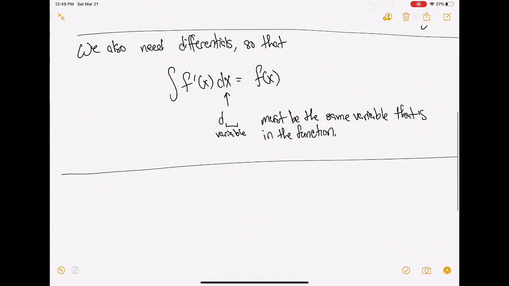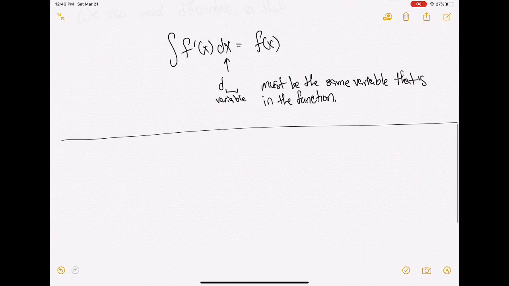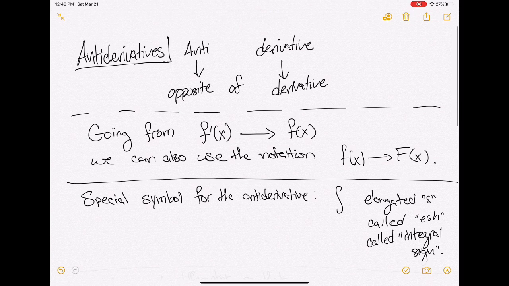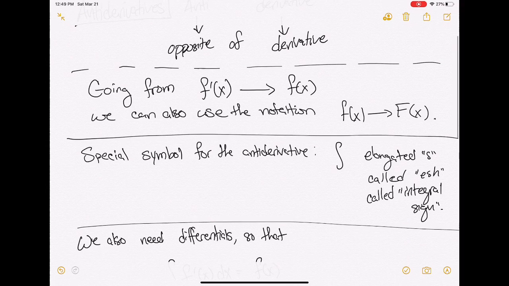So that's how we talk about antiderivatives. We're going to find out that the S here, this elongated S, really stands for a sum, but that's going to be a few days out.